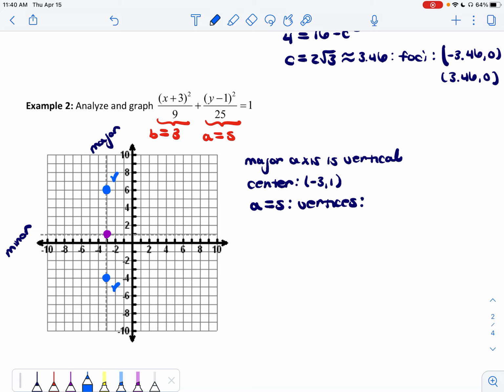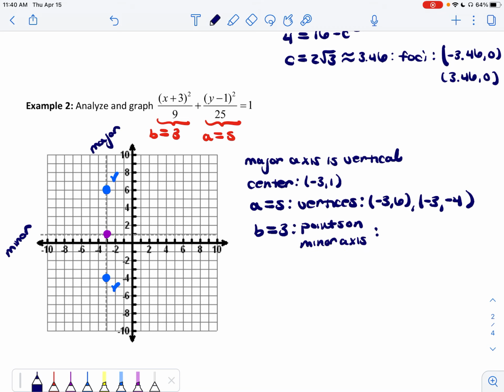And that's going to give me my vertices. So those are going to be at the points -3, 6, and -3, -4.